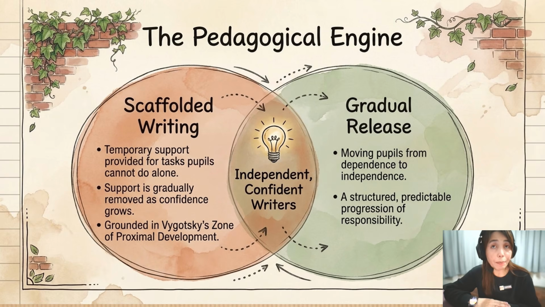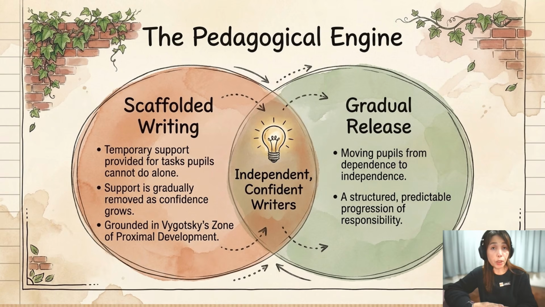Let us look at the pedagogical engine of this model. This model combines 2 big ideas, scaffolded writing and the gradual release of responsibility. Scaffolding provides temporary support for tasks that pupils cannot yet complete alone. The teacher may model a process, supply prompts, provide sentence starters, organize vocabulary, or guide pupils through questioning.